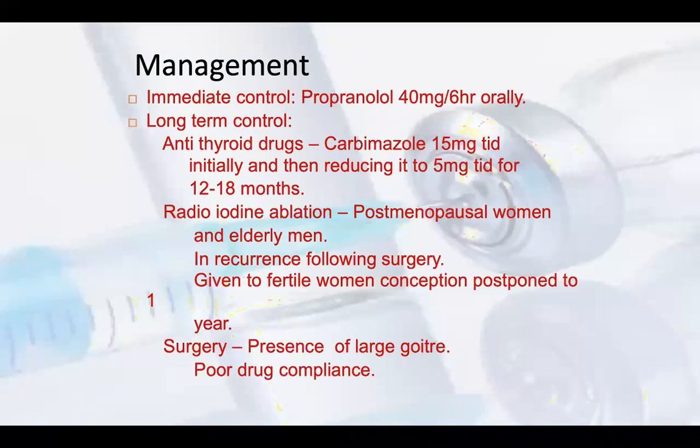Radioiodine ablation can be taken by post-menopausal women and elderly women, and in recurrence following surgery. Given to fertile women, conception is postponed for 1 year. Then they go for surgery if there is a presence of large goiter or poor drug compliance.